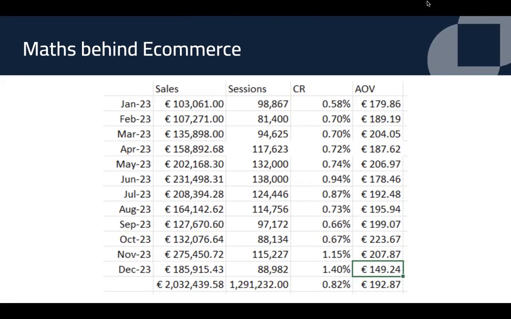So the figures from January through April are real figures, and then May through December is basically modeling out what the sessions, conversion and average order value need to be in the remaining months of the year, just to try and obtain that 2 million figure. So definitely a worthwhile exercise that everybody on the call can do, and if you haven't done this already, I would get something in place to have a look at these figures.